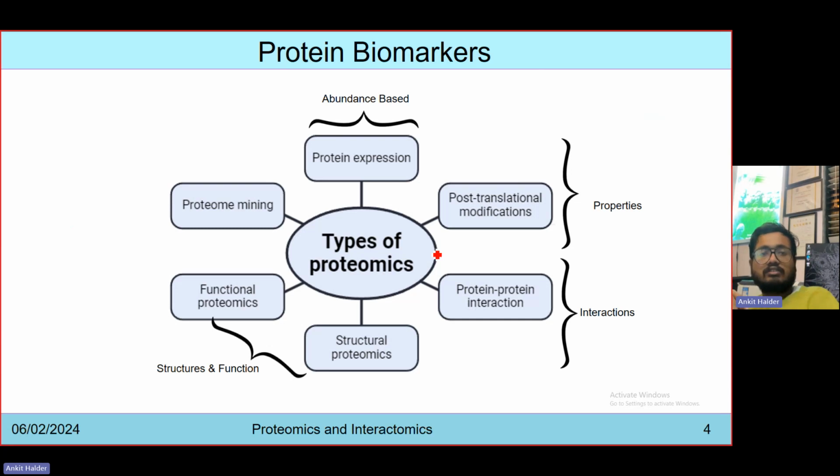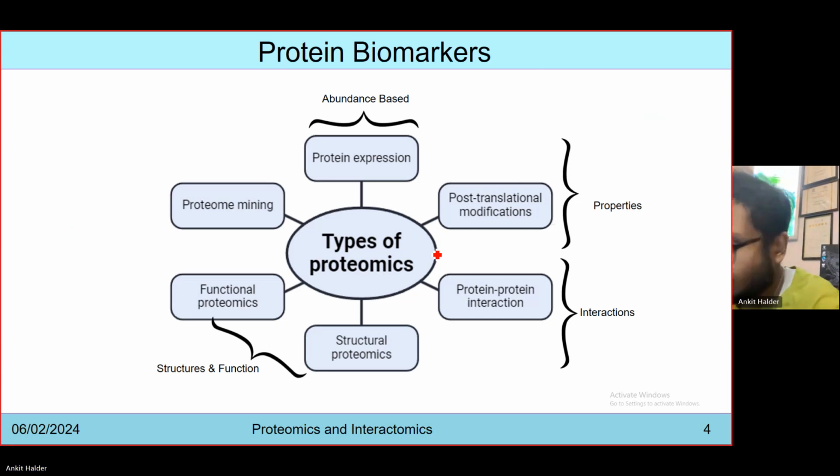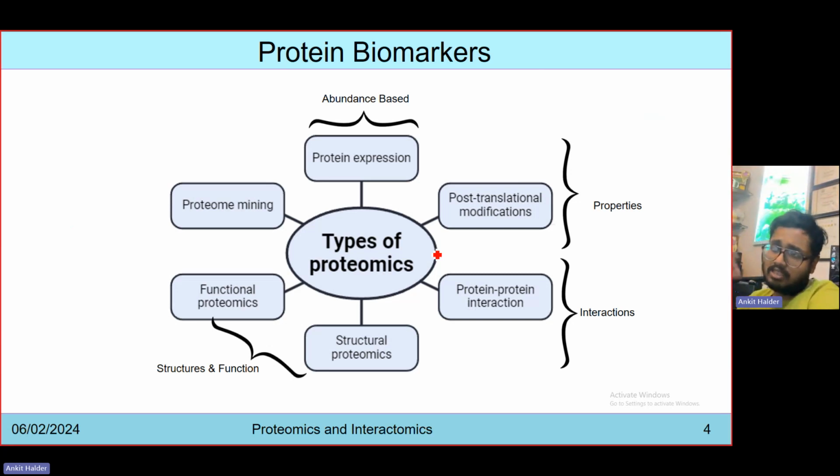If there is a highly upregulated protein present, then we can definitely say that these particular protein expressions are changing, and if we can monitor this, we can identify whether a particular person is developing the disease or not. This is an example of abundance-based.